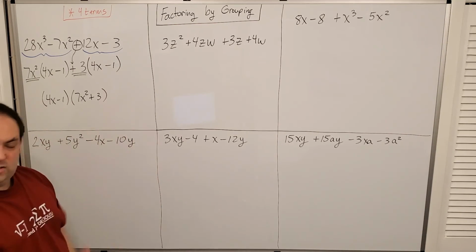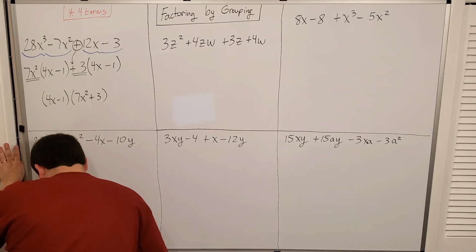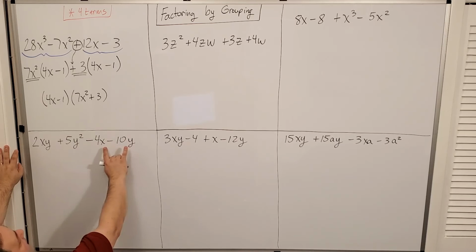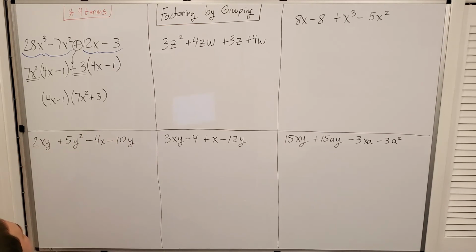Okay? Let's start going through all the rest of the examples. It's going to be the same thing. I'm going to try to grab the front 2 and the back 2 every time. So 2xy plus 5y squared. I'm going to look at these 2 and see what do they have in common. Well, the 2 and the 5 have nothing in common. This guy has an x, this guy doesn't.